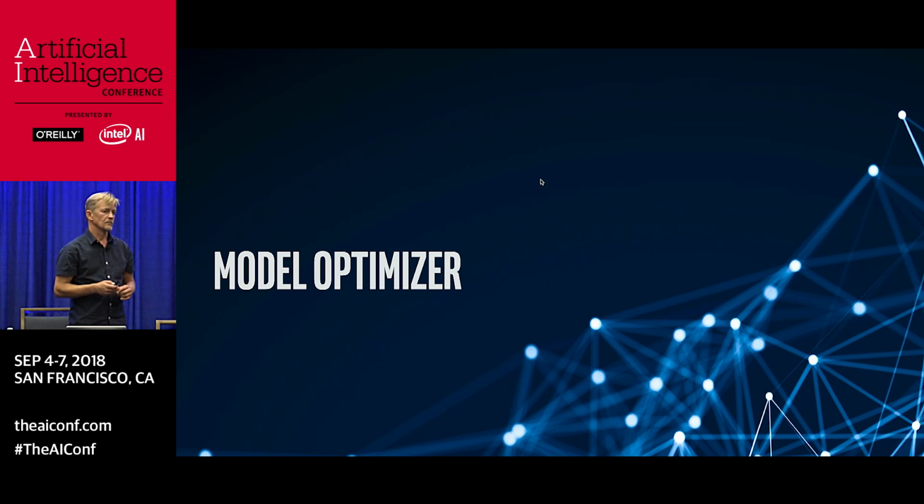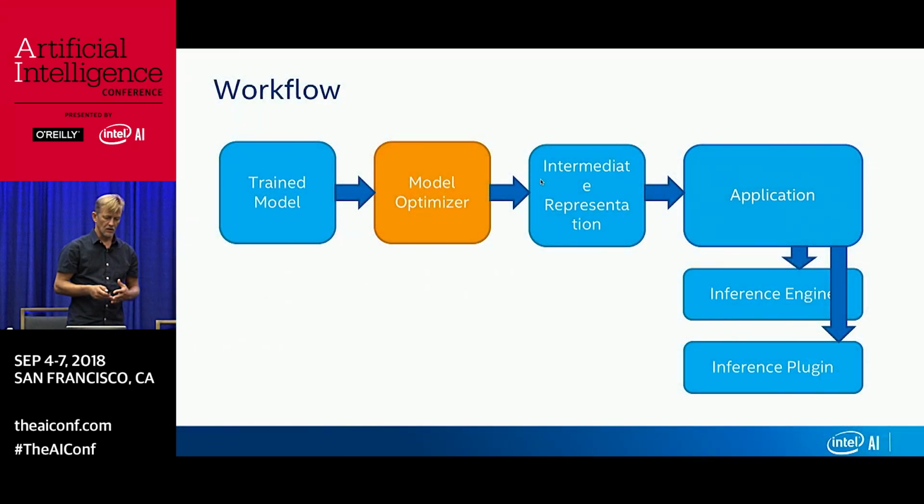So to start working with DLDT, the first tool that you need to use is the model optimizer. The workflow looks like this. We have a trained model. Now we are using the model optimizer to convert this model.